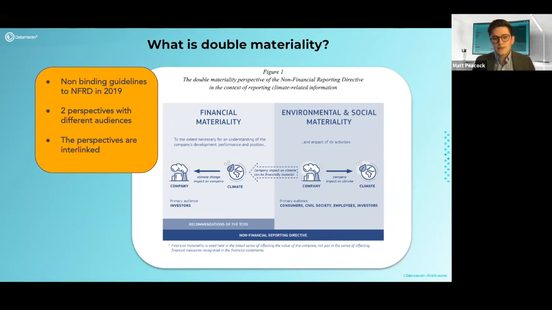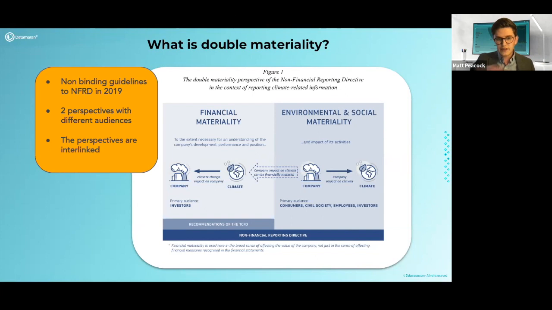Double materiality was introduced to the non-binding guidelines for the EU non-financial reporting directive back in 2019. As part of that concept, it represents two different perspectives of materiality. The first of which is financial materiality.